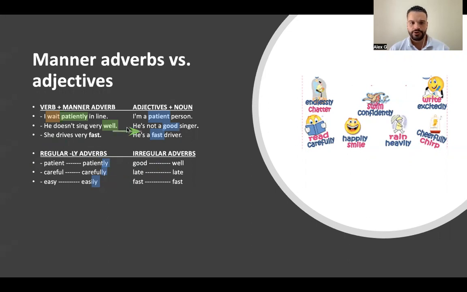So you have to make sure that you're going to position it in the right location. Okay, fast, fast. Make sure to practice. Let's see what we have next. Here we have some examples of some other manner adverbs, okay? Let's see what we have next.